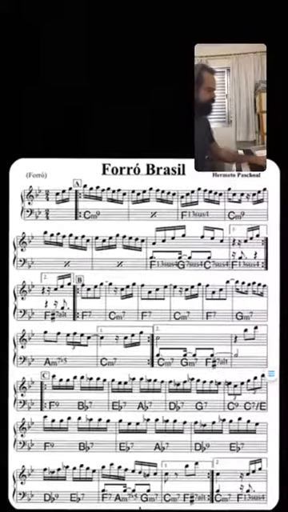Then we're going to take a metronome at a slow beat.